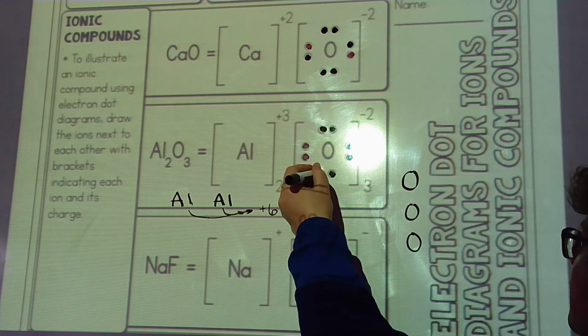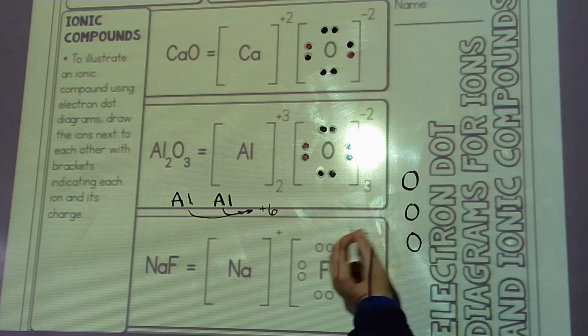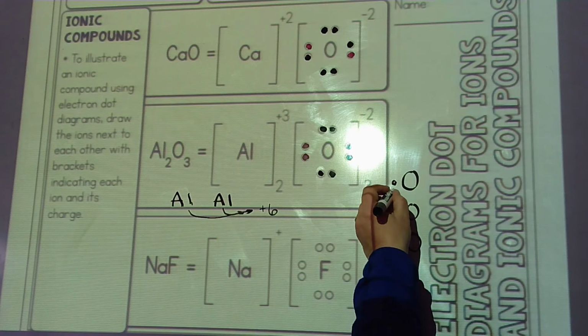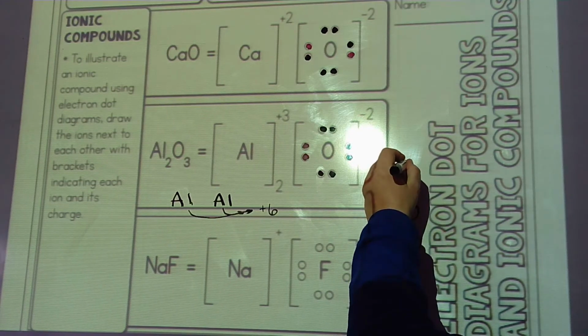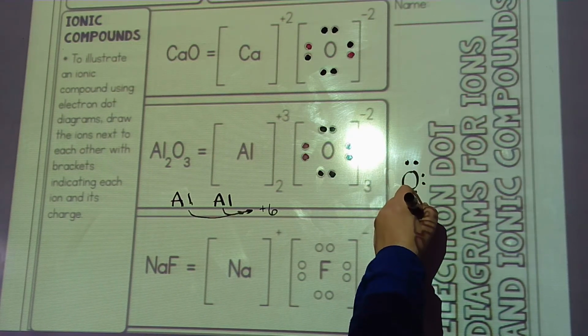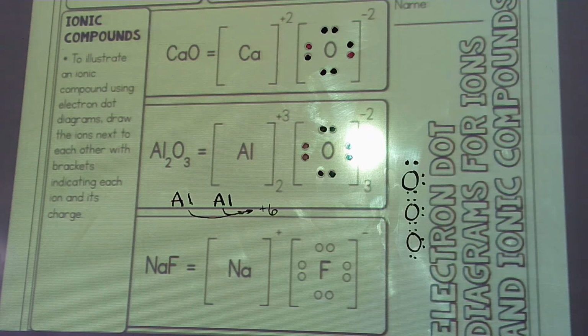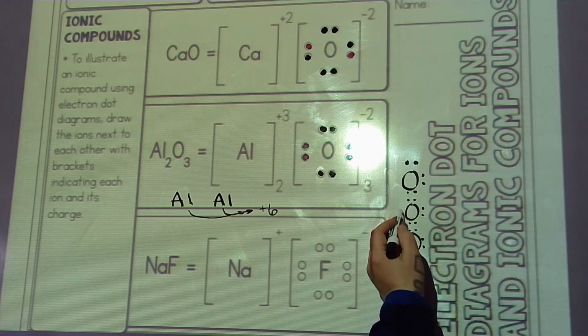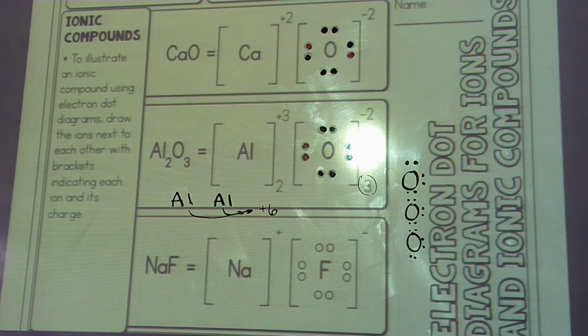Each of them wanting 2 extra electrons. I'm going to draw this because they have 6. 2, 4, 6. This one has 2, 4, 6. This one has 2, 4, 6. Right? So each one of these oxygens, there are 3 of them, each one wants 2 extra electrons, just like in the picture here.